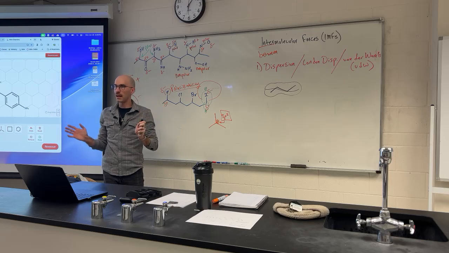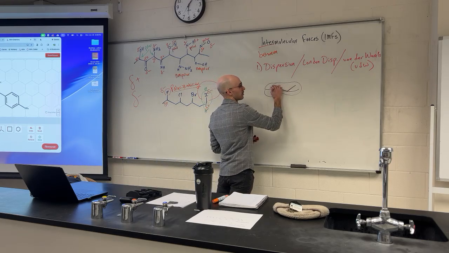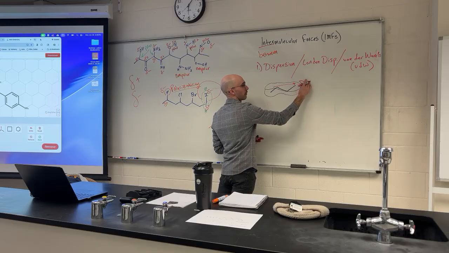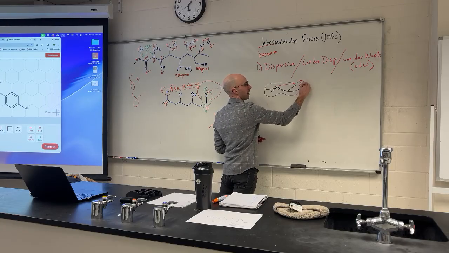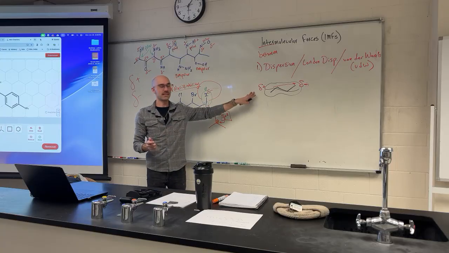At any given time, those electrons may just happen to largely show up on the right-hand side of this structure, leaving less electron density on the left-hand side.